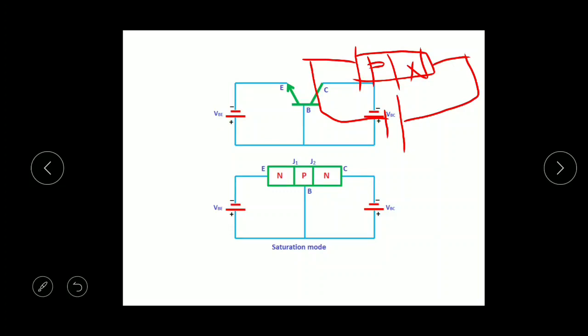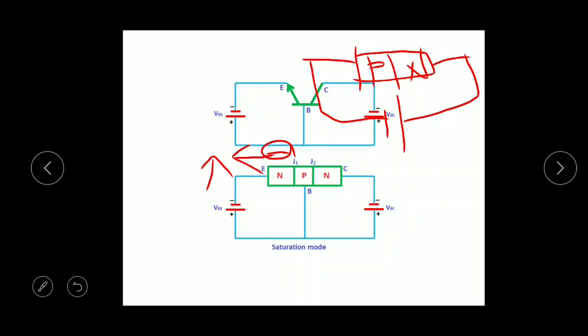Now let us consider that the N region consists of negative ions. Negative charge is applied as the base-emitter voltage, so the negative charge and negative ions repel each other.